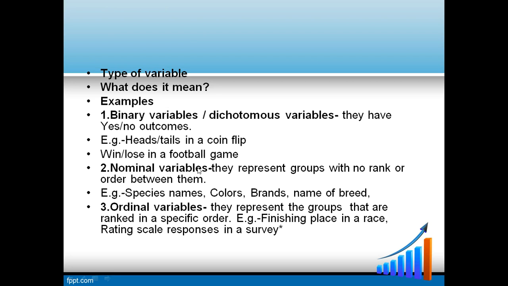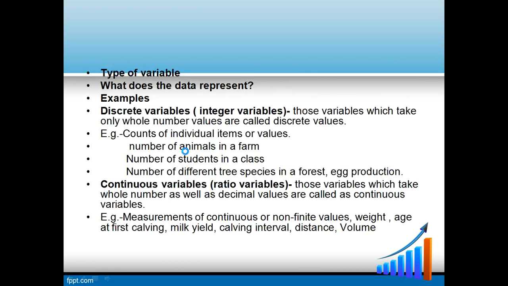Suppose you are writing the name of the breeds in one column, so they are nominal variables. The ordinal variable represents the order of the data. Say, 1 to 3, 3 to 5, 5 to 6, or the age categorization. They are all ordinal variables. And if your variable consists of heads and tails or yes or no outcomes, they are binary or dichotomous variables.